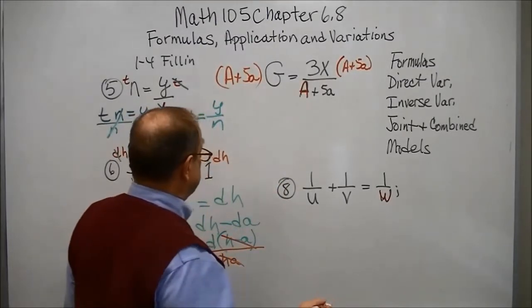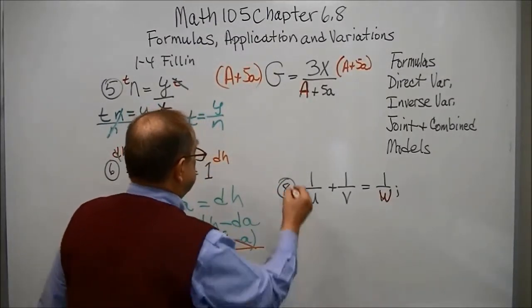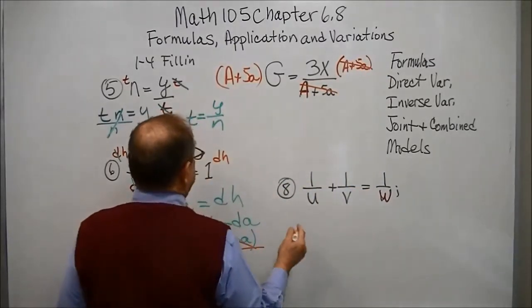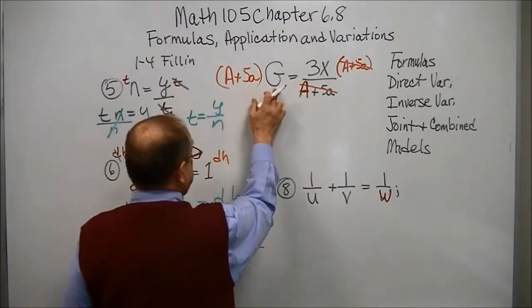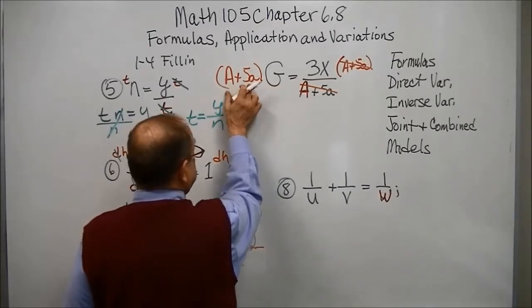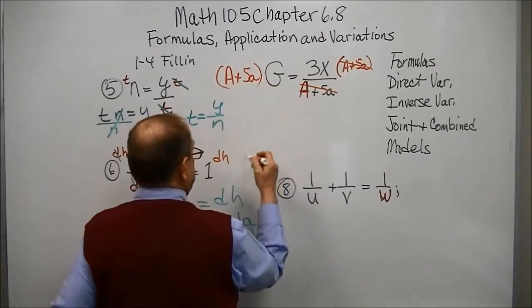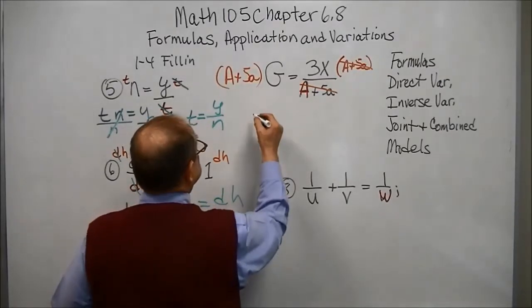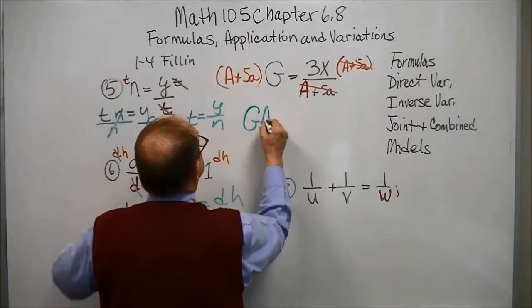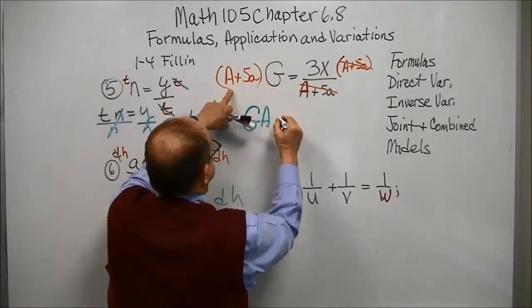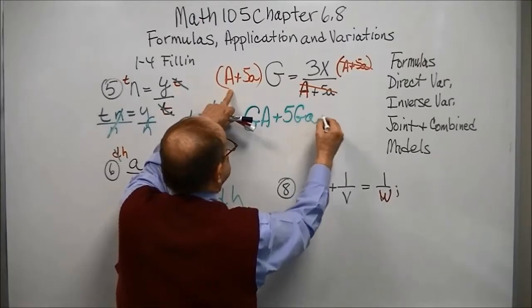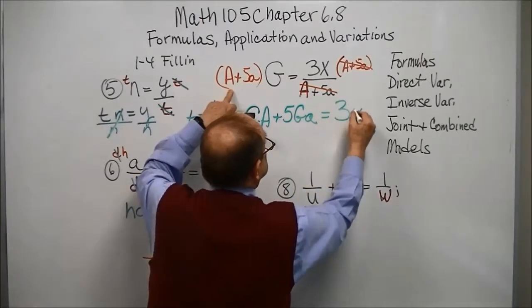Okay? So here, this disappears. And now what I'm going to do is multiply these two terms by the g. So I get GA plus 5GA equals 3x.